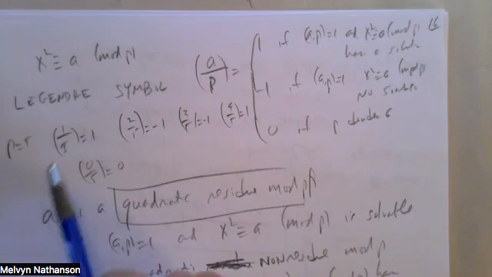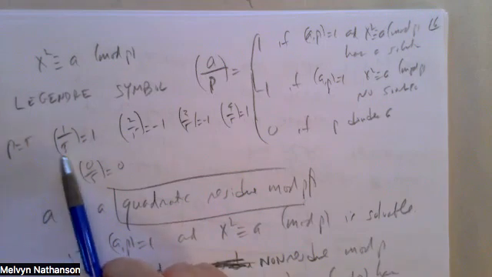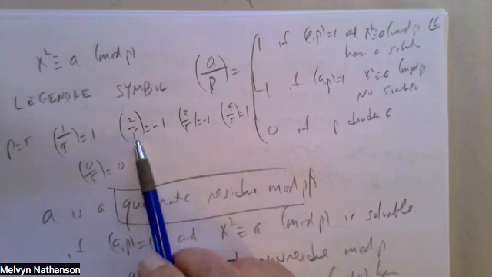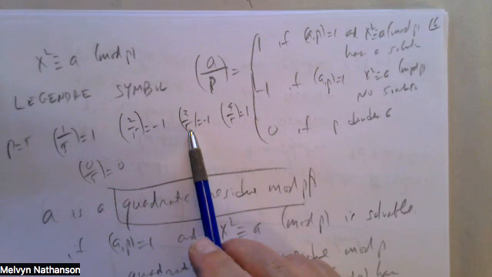So 1 is a quadratic residue mod 5, 4 is a quadratic residue mod 5, 2 is a quadratic non-residue mod 5, and 3 is a quadratic non-residue mod 5.